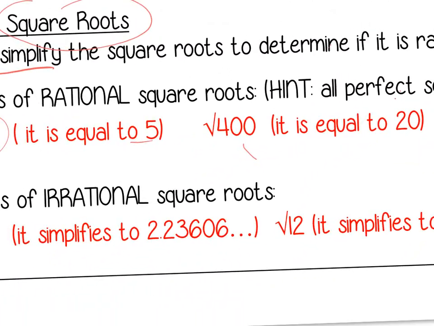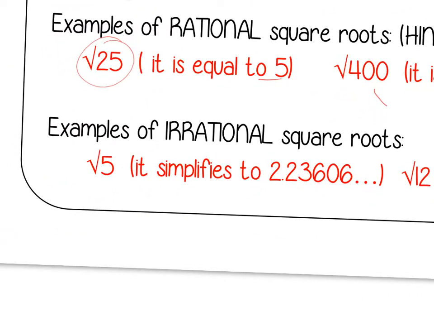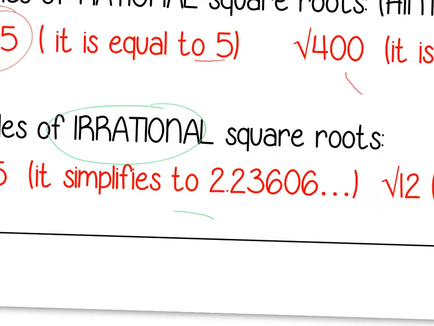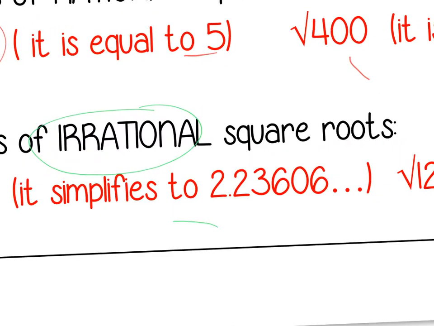It makes sense. But a lot of the square roots that aren't perfect square roots, which you've been estimating so well, and I'm so proud of you for doing it, are irrational numbers. For example, the square root of 5, which I know a lot of you can guess, is about 2.2.